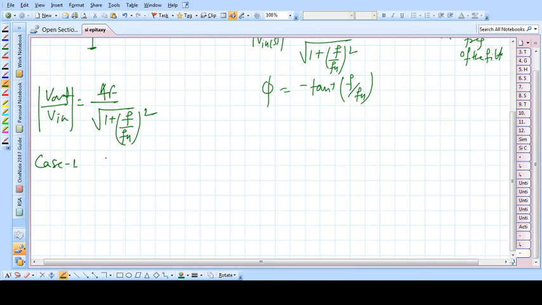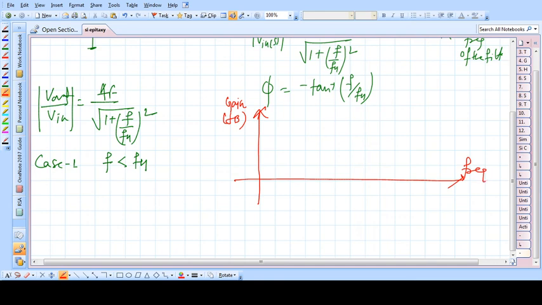Case 1: when the frequency F is very much less than FH, then V naught by V in is nearly equal to AF, because F by FH is low, and 1 plus a low value is nearly 1, so it gives a constant value.